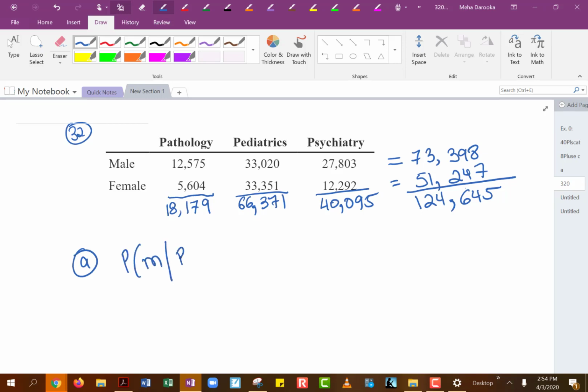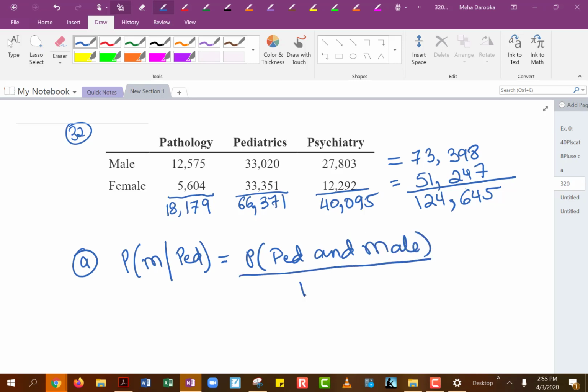Okay. Then for part A, they were asking us to find the probability that it's a male given that they are a pediatrician, right? Because you're calculating your conditional probability here. So remember, if you go back to your handout and look at the formula for conditional probability, this will come out to be the probability that the doctor is a pediatrician and a male, divided by the probability that they are a pediatrician.